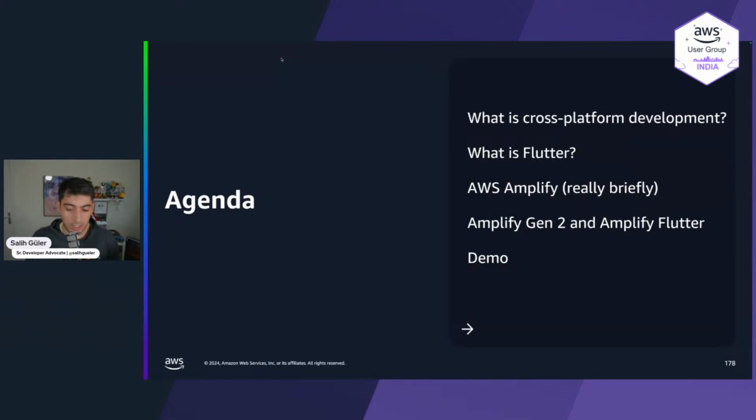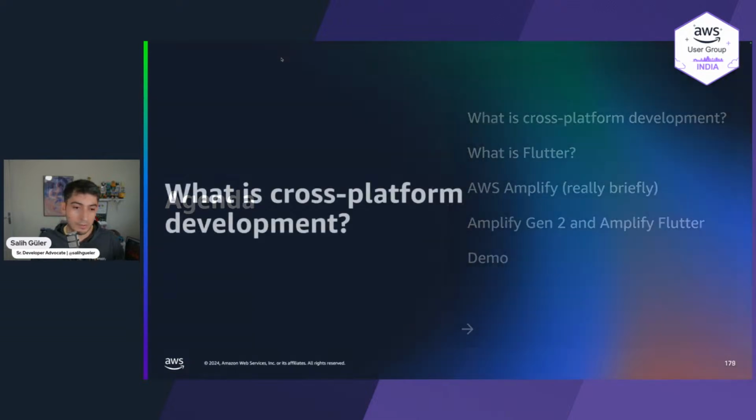We had a great keynote from Nikhil about the history of it. Also, we will talk about Amplify Gen 2, make a bigger introduction to AWS Amplify, and talk about Amplify Flutter, and of course, anything without a demo doesn't work.